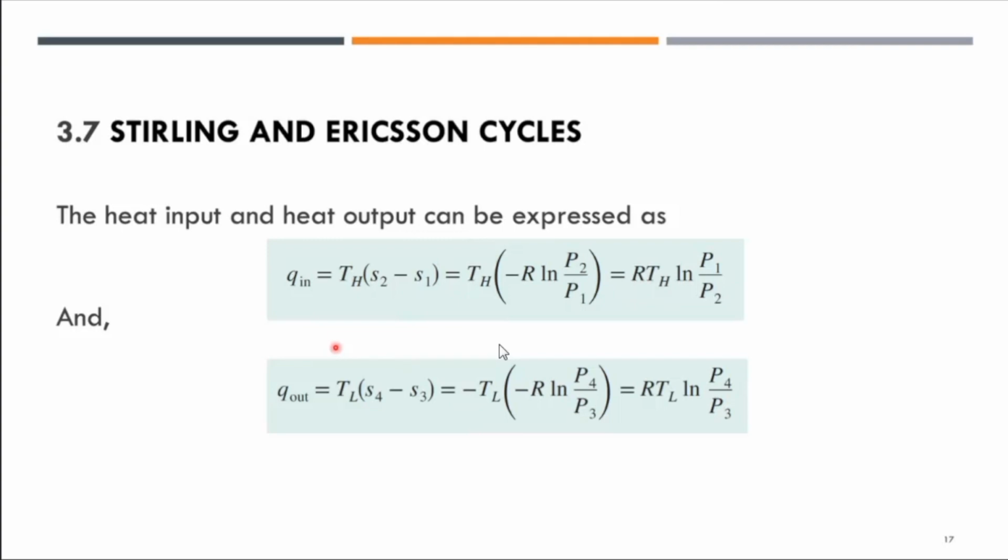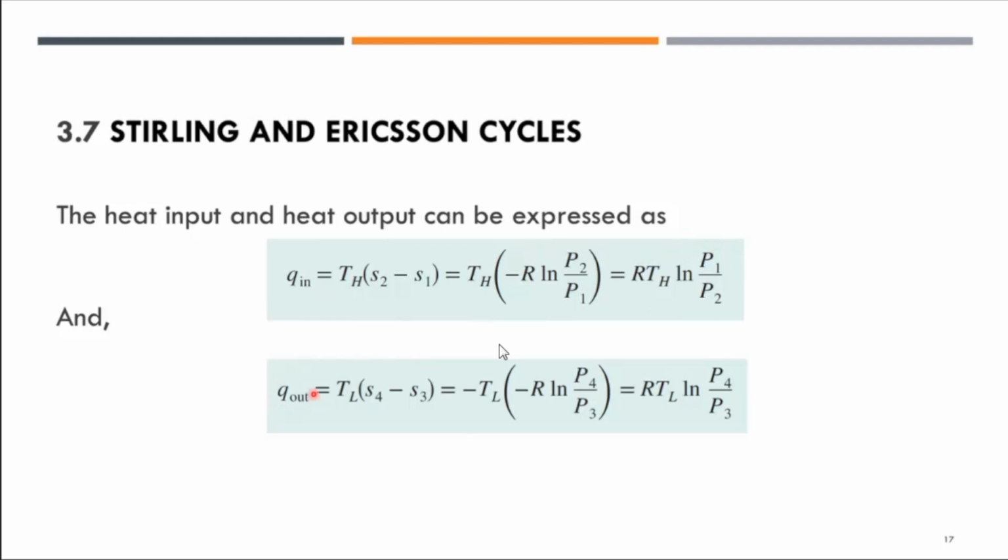Okay, so the heat input and heat output can be expressed as follows. We have the heat input in terms of the entropy change times the temperature at the high heat added, right? And you can then input back the expression of the change of entropy that we have already worked out earlier, and we have this expression.